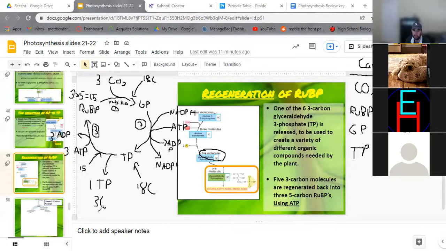Split off the carbon. What do you mean split off the carbon? To break it off and make it into glucose using TP. How are you going to take a 3-carbon molecule and make a 6-carbon molecule?